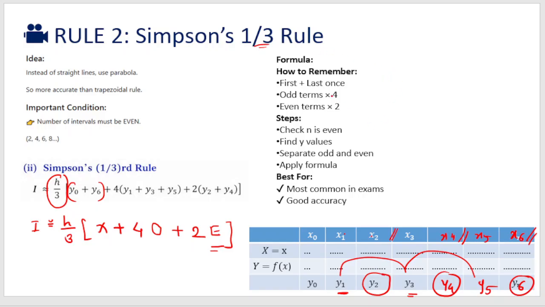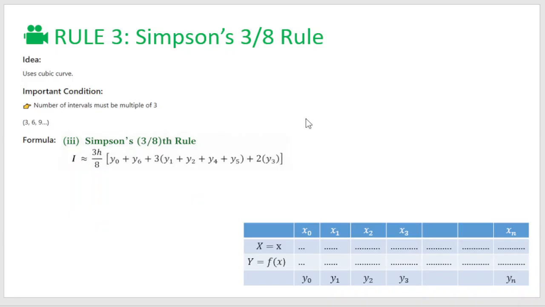Now we will move to the next rule, known as Simpson's 3 by 8 rule. Here the idea is to use cubic curves. The important condition is that the number of intervals must be a multiple of 3, that is 3, 6, 9, and so on. What is the formula of Simpson's 3 by 8 rule?